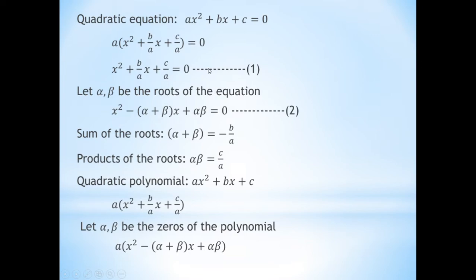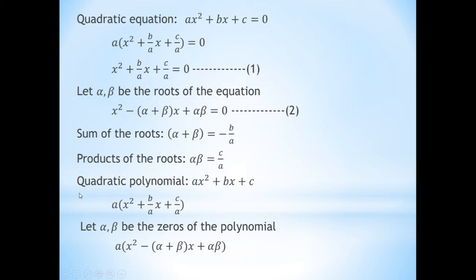So when comparing equation 1 and equation 2, we can say that the sum of the roots, alpha plus beta, is nothing but minus b by a, and the product of the roots, alpha into beta, is equal to c by a. These things you already learned in lower classes.